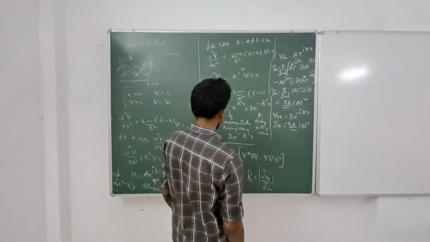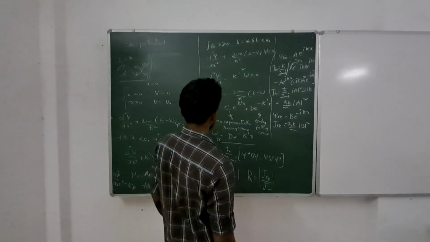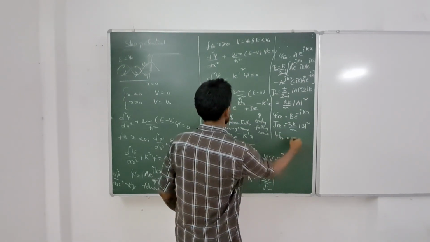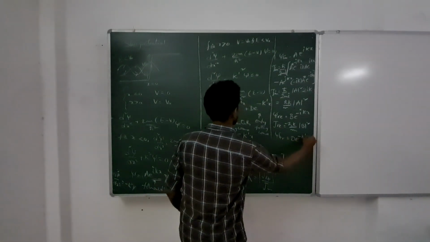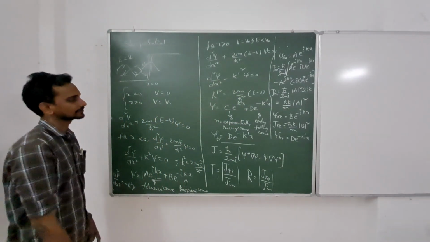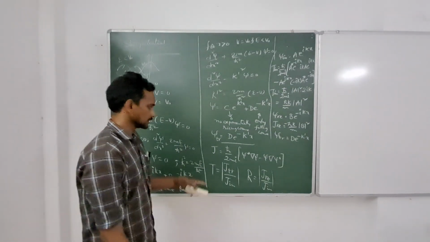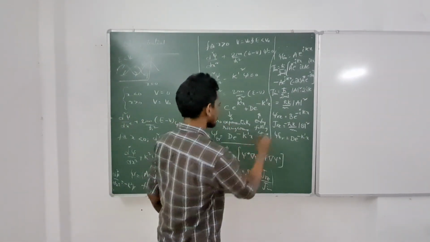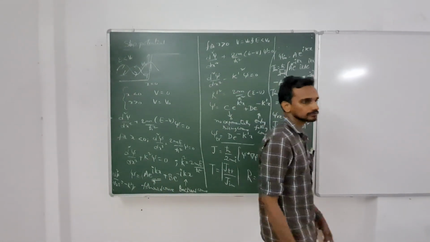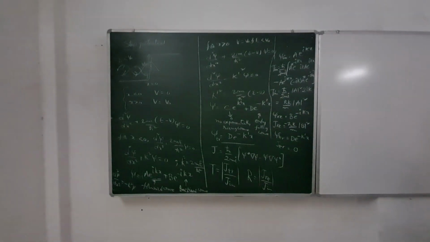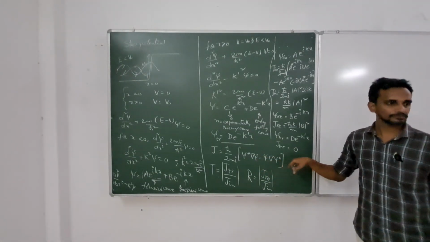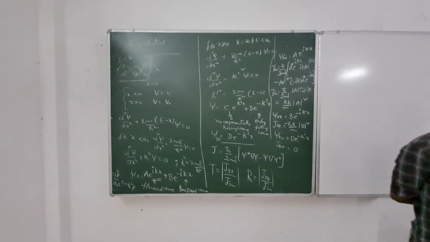And then transmitted wave. So ψ transmitted is D e power minus k' x. And there are no imaginary terms. So the current transmitted becomes zero here, because ψ star and ψ will remain same, so you get a 0.